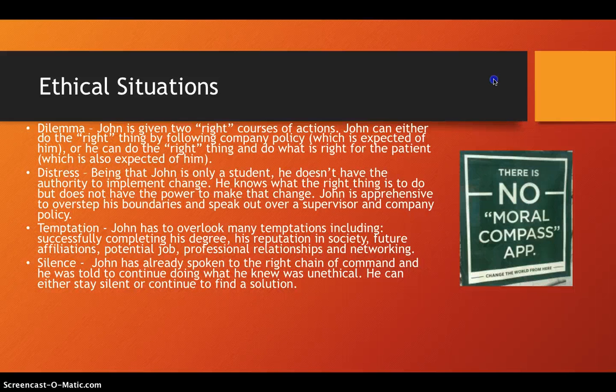Temptations: there is definitely temptation for John. He can just try to follow the rules so he can potentially have a job with this clinical rotation site. He's worried about completing his degree. His reputation's on the line. And as a third year PT student, he probably wants to make sure that he's networking correctly and he doesn't want to step on any toes. And silence.